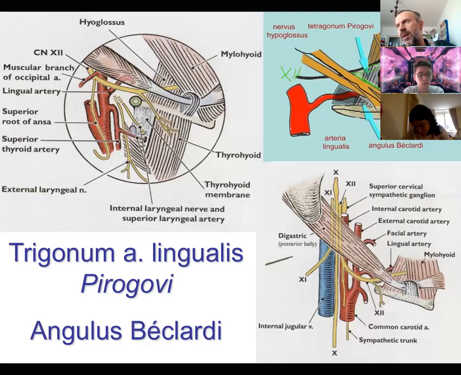Sometimes you can see a little bit of the border of the anterior belly of the digastric, but usually it is the mylohyoid, the posterior belly of the digastric, and the hypoglossal nerve. So in these two spaces, it can be reachable.